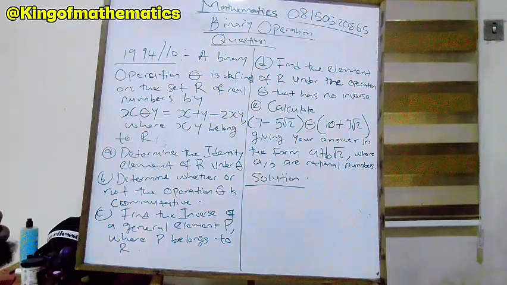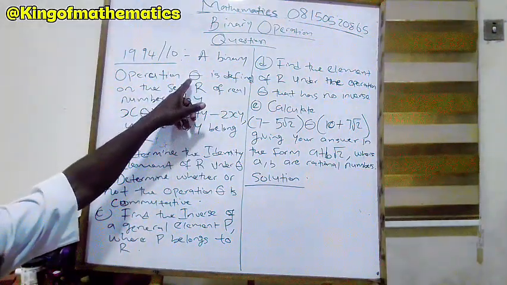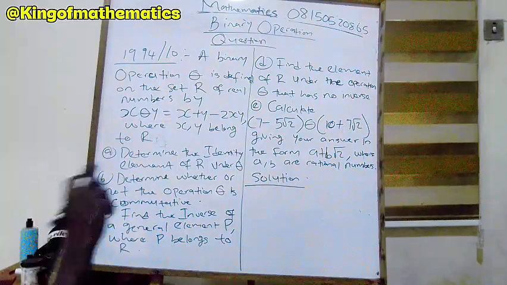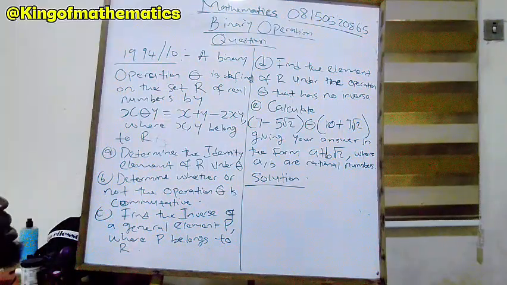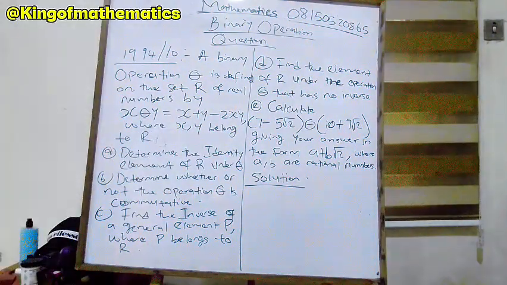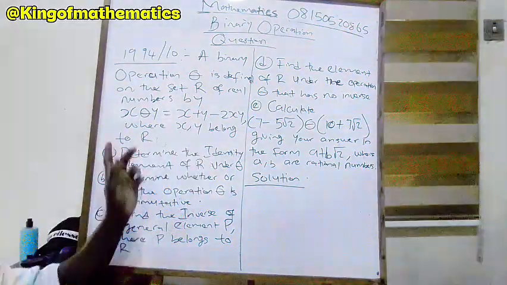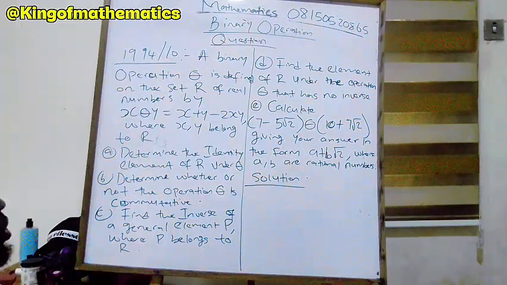A binary operation, you can see the symbol there, is defined on the set R, that is the set of real numbers, by x operation y equals x plus y minus 2xy, where x and y belong to R.